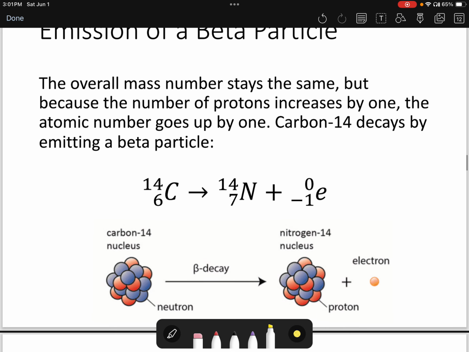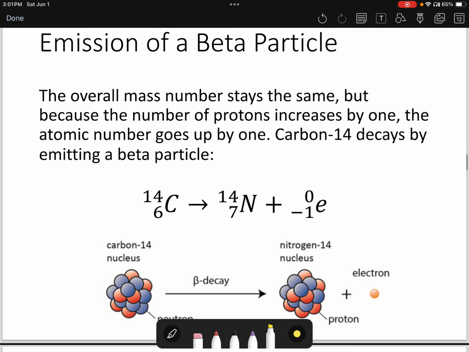All right, now let's just look at an example of the emission of a beta particle. So in this case, the overall mass number is going to stay the same because remember, a beta particle is an electron, which has 0 mass. So the mass won't change.